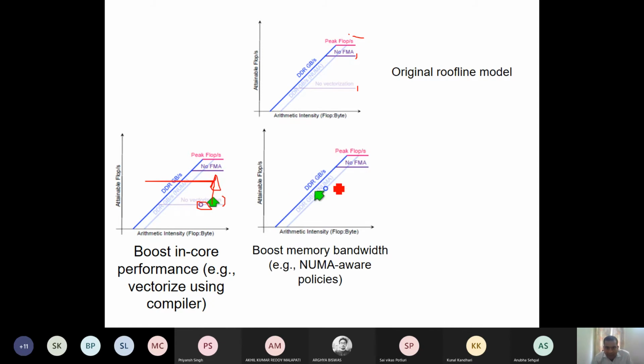If we are at this point, that means we are not hitting the computational roof, we are hitting the communication ceiling. So we should now try to hit this. For that, we can improve the memory bandwidth. This ceiling was because we were having this NUMA effect. So instead of storing the data in the second NUMA node, we can bring the data to this NUMA node so that this NUMA ceiling is removed.